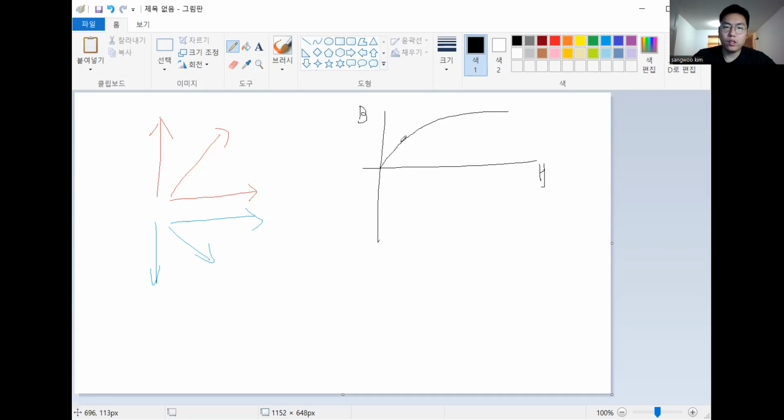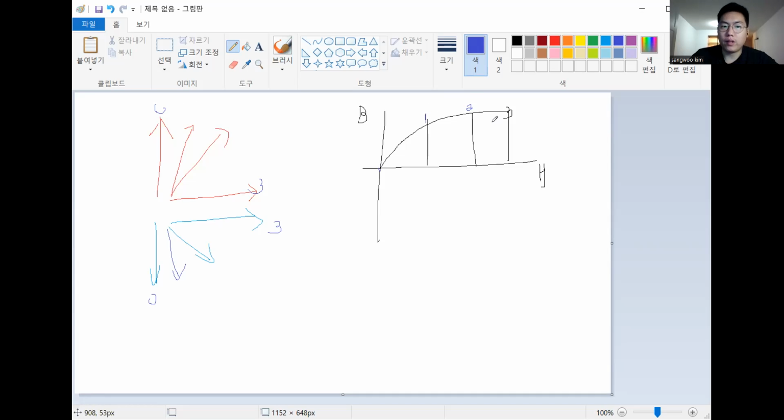When it goes up to 3, and then 3, 2, 1, 0, the dipoles move. 2 is here because it's moving, 1 is here, and 0 is here.